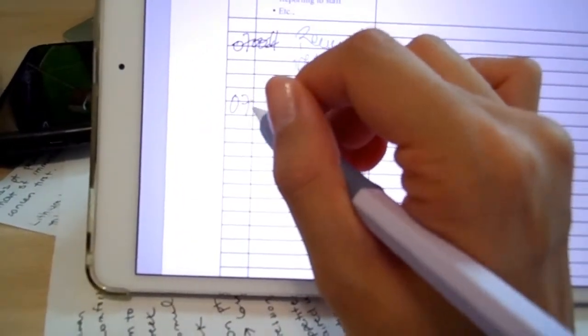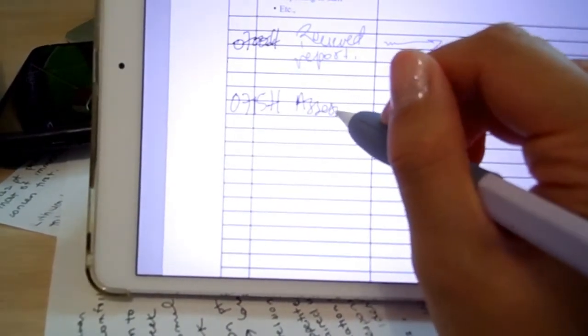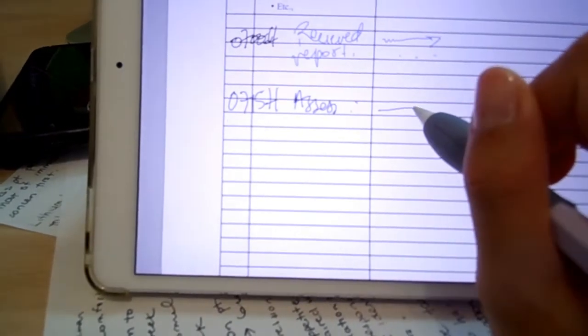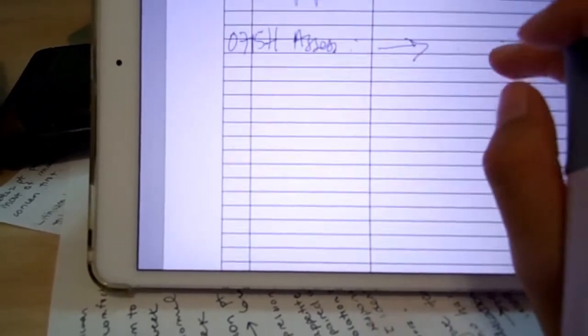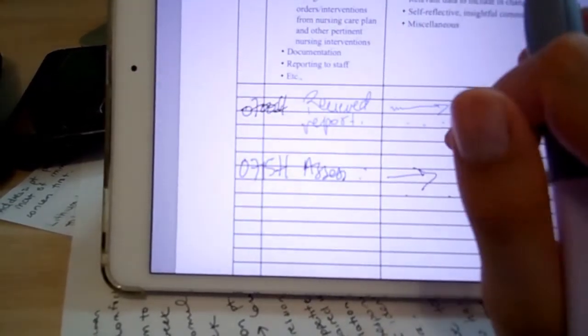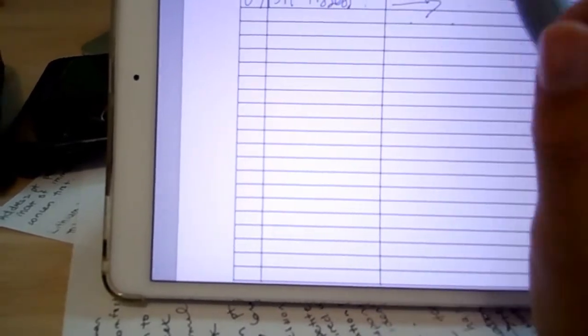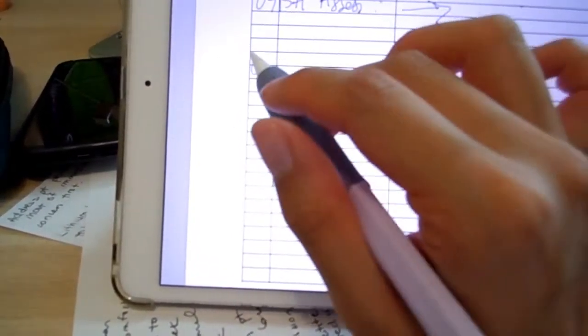And then after that I could say around 7:15 I will be doing my assessments, and then you would just write down what kind of assessment you'd be doing, and you would write down basically what you're seeing, and you would do that continuously through the time.